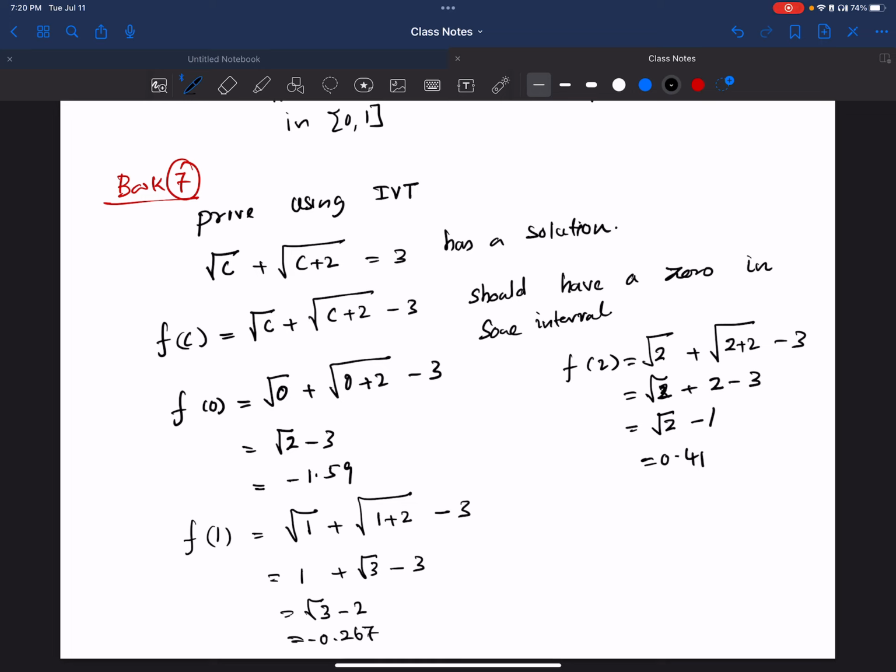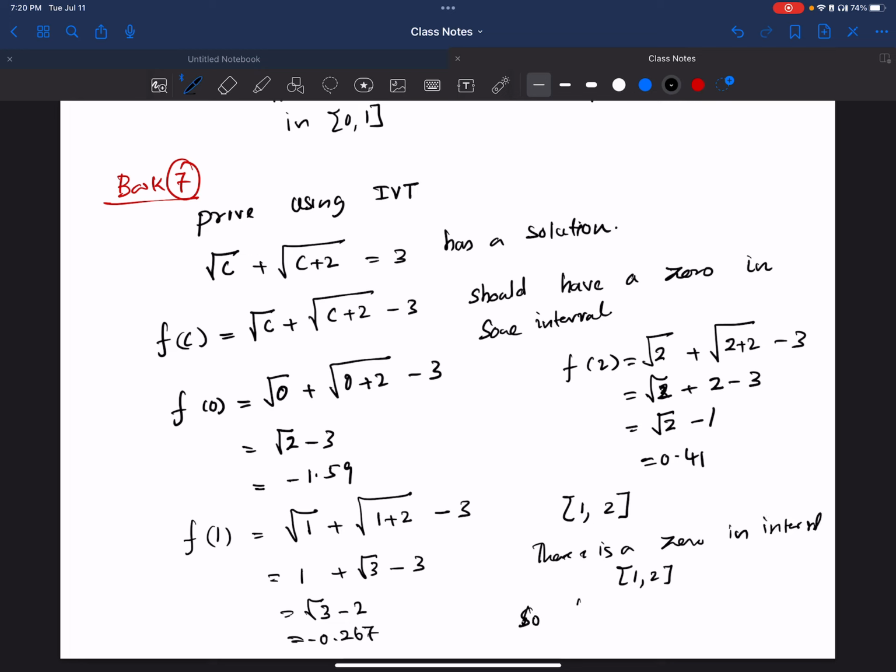Now the sign changed. So in the interval 1 to 2, the sign of the function changed. So there is a 0 in the interval 1 to 2.